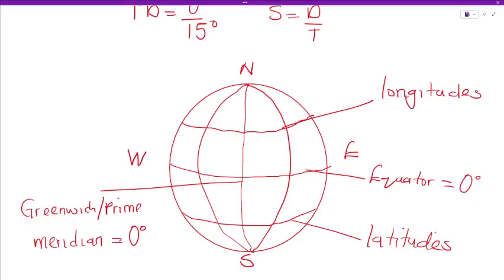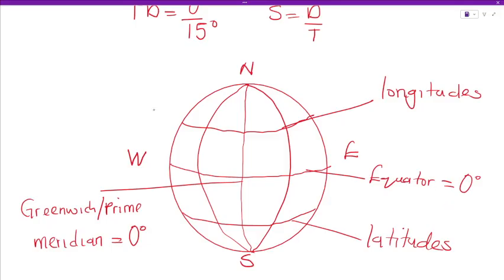These are two special lines, the equator and the Greenwich meridian. Please know these lines. Sometimes I'll tell you, given that the following points lie on the equator, they'll need you to pick something relating to its position. Or given that these 3 points lie on the Greenwich meridian or the prime meridian, what is the time difference between these 2 points? So please take note of these special lines.